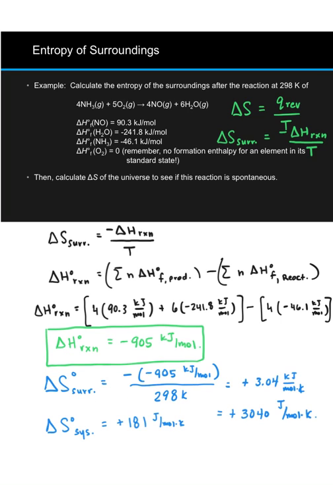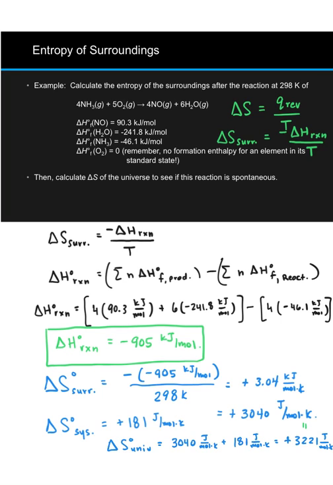If we add these two things together, according to the second law of thermodynamics, then the change in entropy for the universe as a whole is equal to the change in entropy for surroundings, 3040, plus the change in entropy for our system, 181. In total, a positive change in entropy for the universe.